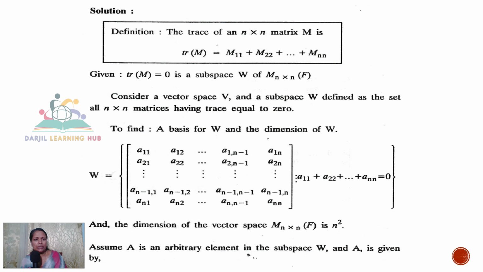The trace of an n by n matrix means it is the sum of the principal diagonal elements. Here it is denoted as m11, m22, etc., plus mnn. Because if we consider a matrix, say A is a 3 by 3 matrix, A, B, C, D, E, F, H, I, J, it has 3 rows and 3 columns.